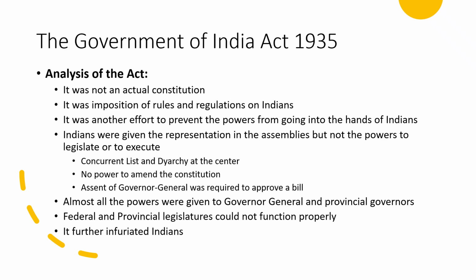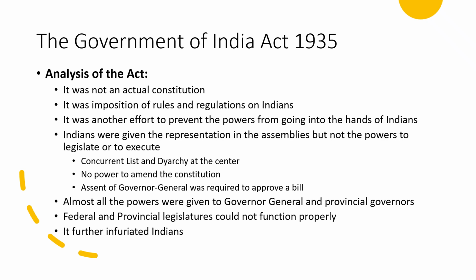We have studied the 14 points of Quaid-e-Azam Muhammad Ali Jinnah, and there we studied that Quaid-e-Azam demanded the representation of Indians in assemblies and he demanded the representation of Muslims. Now here, the British government was very cunning. It tried to play with the words.